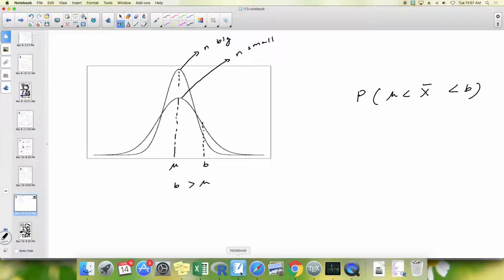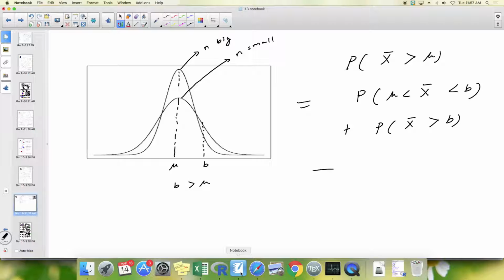But we have a way to deal with that too. What I'll do is I'll write probability x bar bigger than mu equals this plus probability x bar bigger than b.